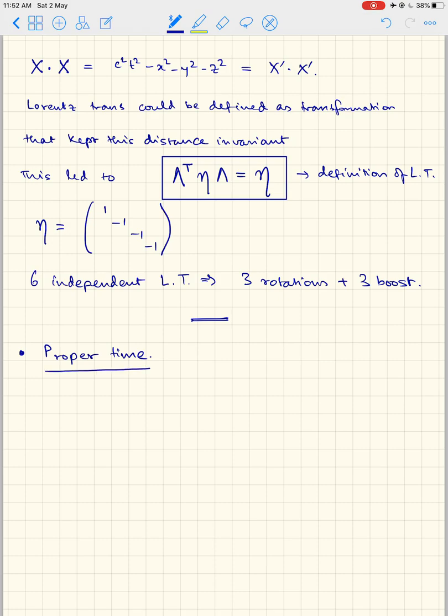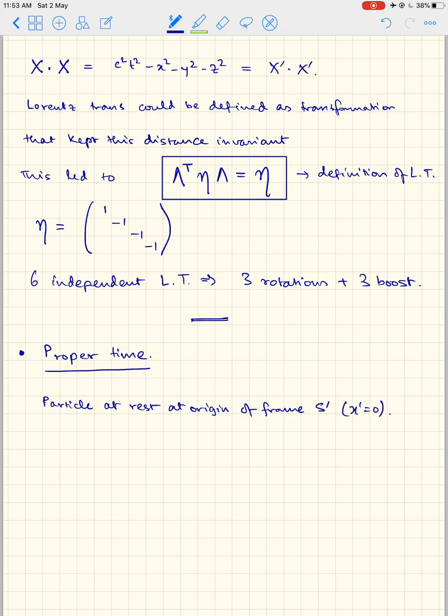Proper time is, suppose there is a particle at rest at the origin of a frame S prime. So essentially at x prime equal to 0.